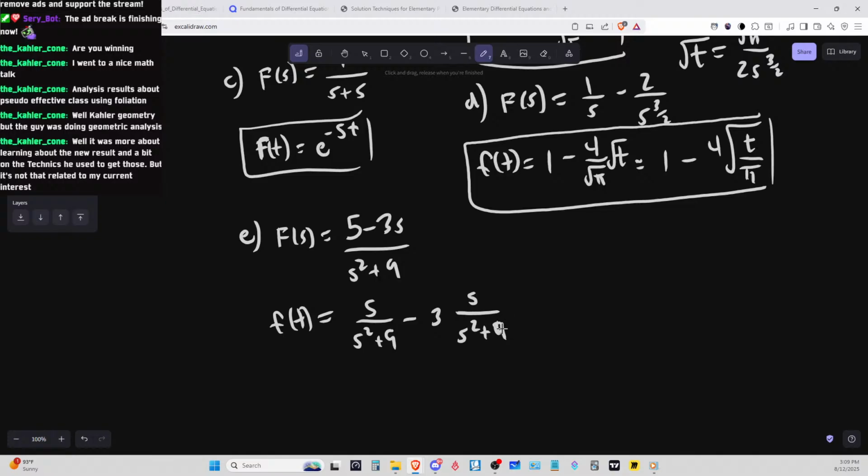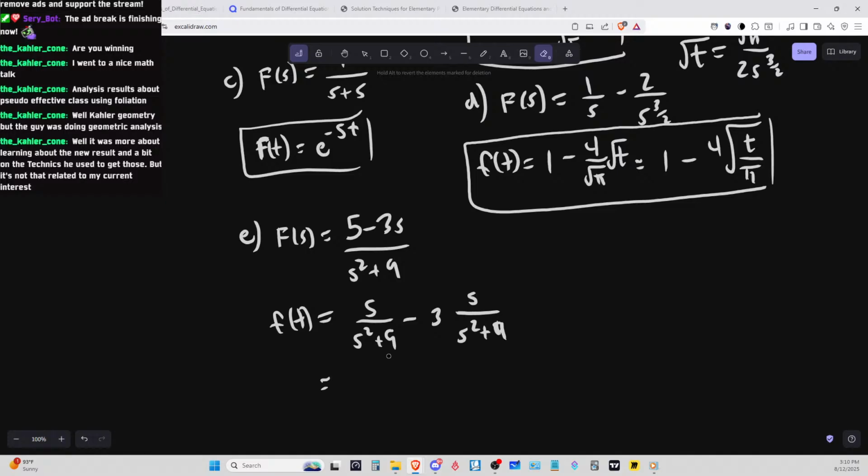So my guess is that we're going to have... I don't think the first term is cosine or sine, because cosine has an s, and sine has an a.